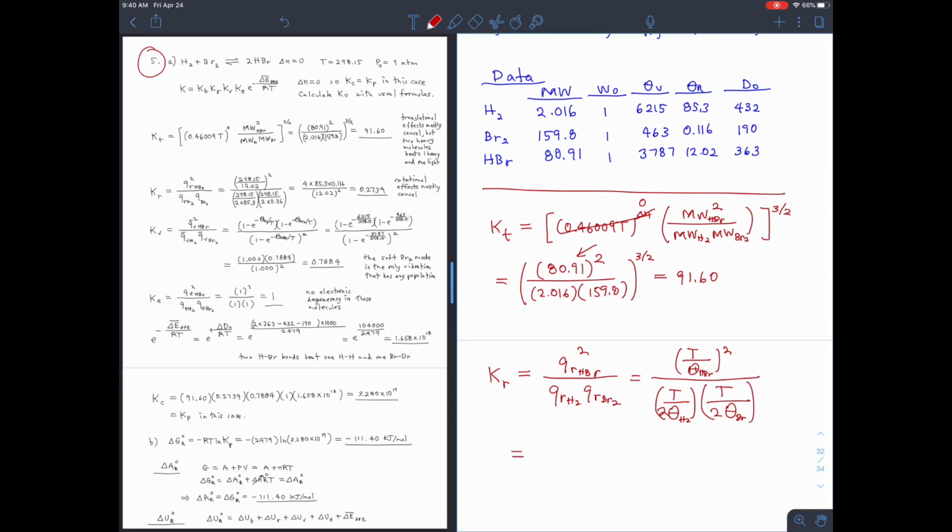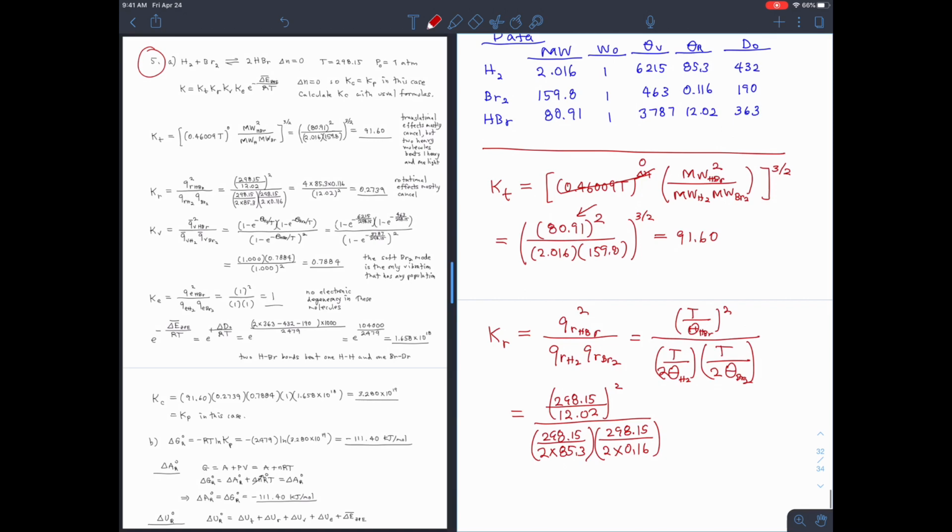That is equal to 298.15 over theta for HBr, 12.02, quantity squared, over 298.15 over 2 times 85.3 for the theta for H2, times 298.15 over 2 times 0.116 for the theta for Br2, and plugging in all the numbers.